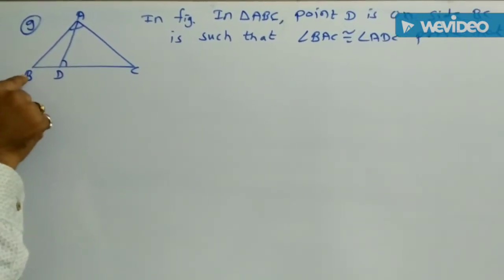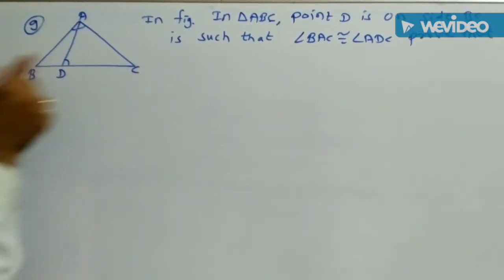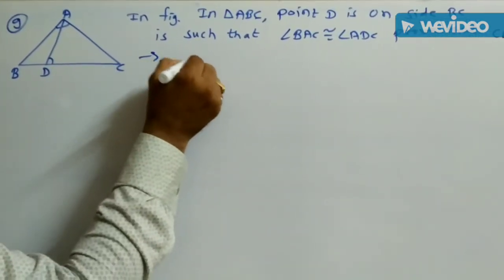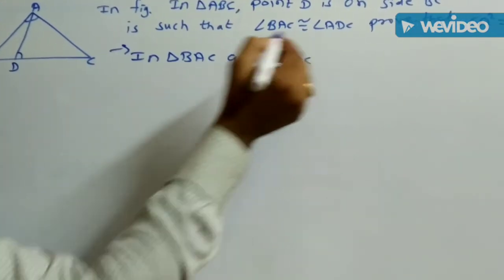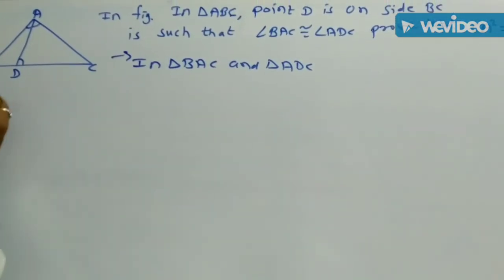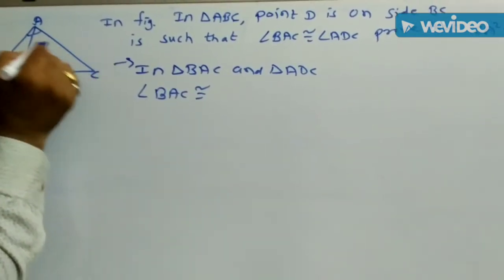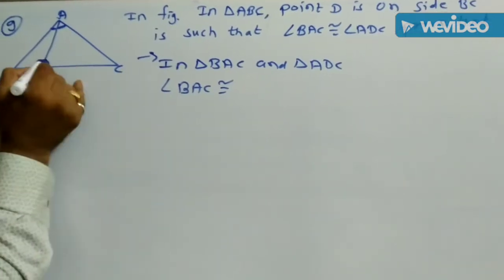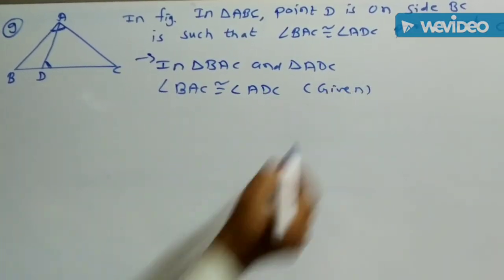Now, in triangle BAC and triangle ADC, what is given? Angle BAC and angle ADC are both congruent, which is given.